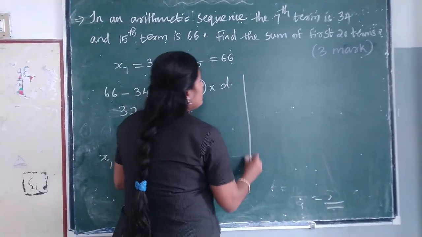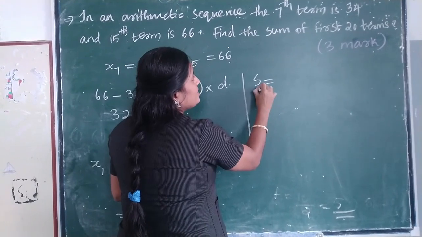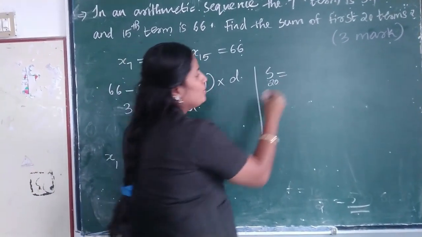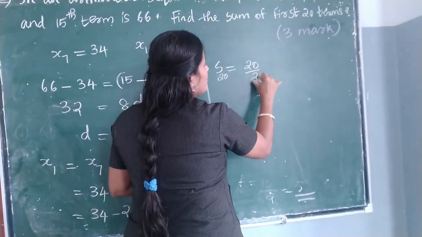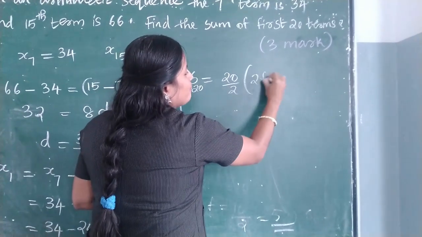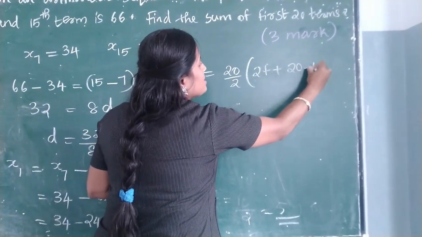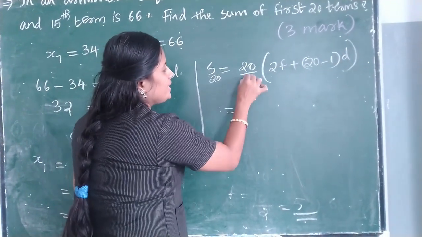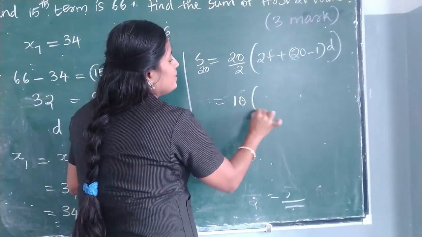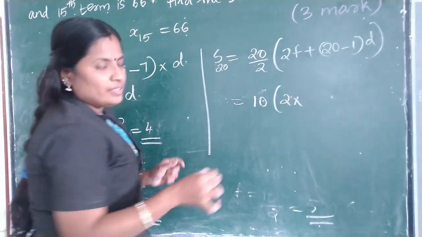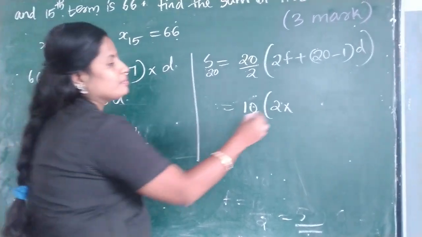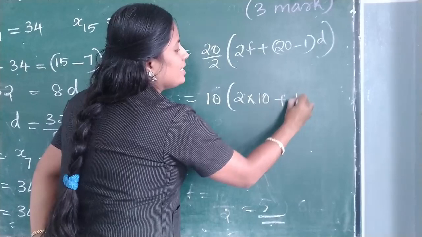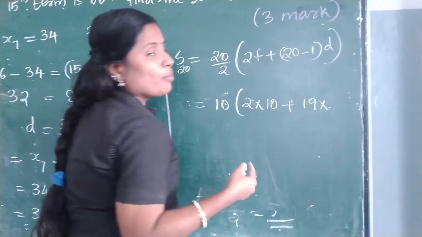That is S20 equal to 20 by 2 into 2f plus 20 minus 1 into d. 20 by 2 is 10. 2 into f, the first term is 10, plus 19 into common difference.